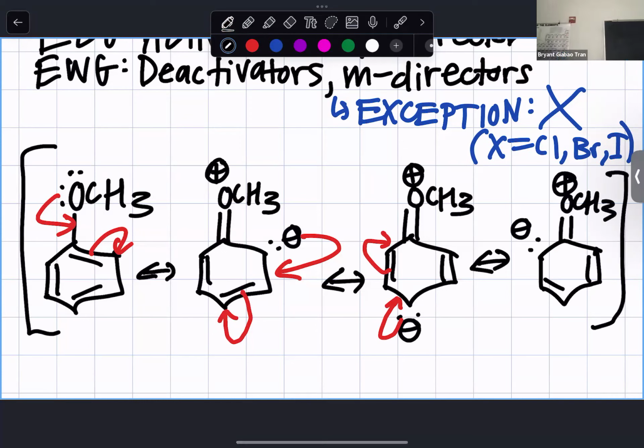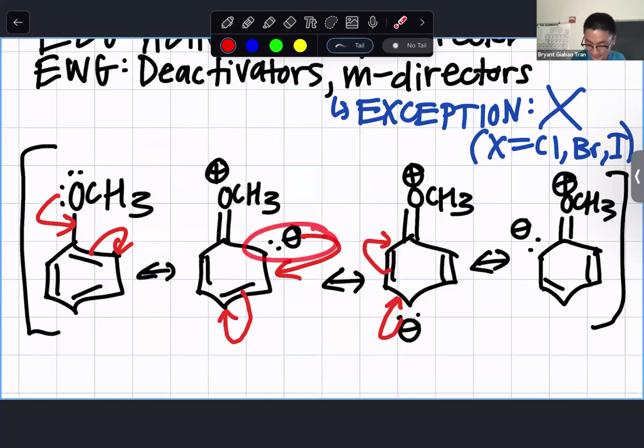Do you guys have any questions on how I got these resonance structures here? Like on the arrows, on why the bonds moved where they moved, or the lone pairs, why they moved where they moved? Right. Yeah. So we noticed that if we put an EDG on the benzene ring, we put negative charges on the ring. And where are the negative charges relative to the EDG? Ortho and para, right? We see that this negative charge here is ortho to the EDG. This negative charge here is para to the EDG. This negative charge here is ortho to the EDG.